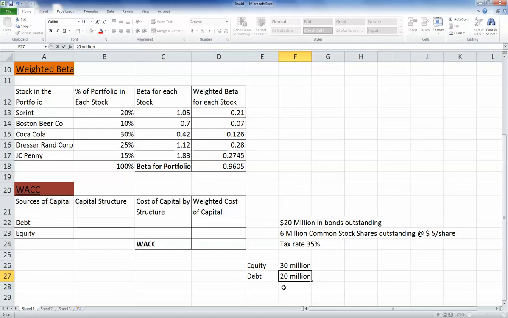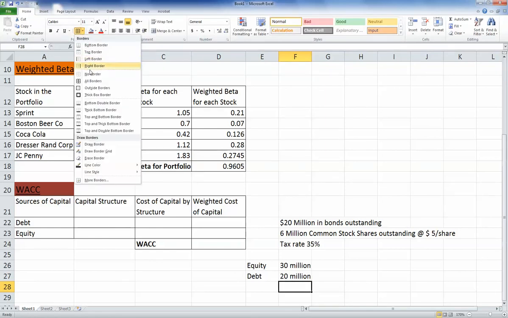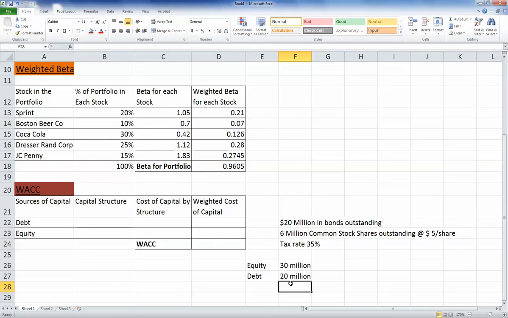So total capital structure, all we have to do is sum debt and equity together, and we get 50 million in total. So to find the percentage of capital structure for debt, all we would do is divide the 20 million by 50, and that will give us our capital structure for debt.